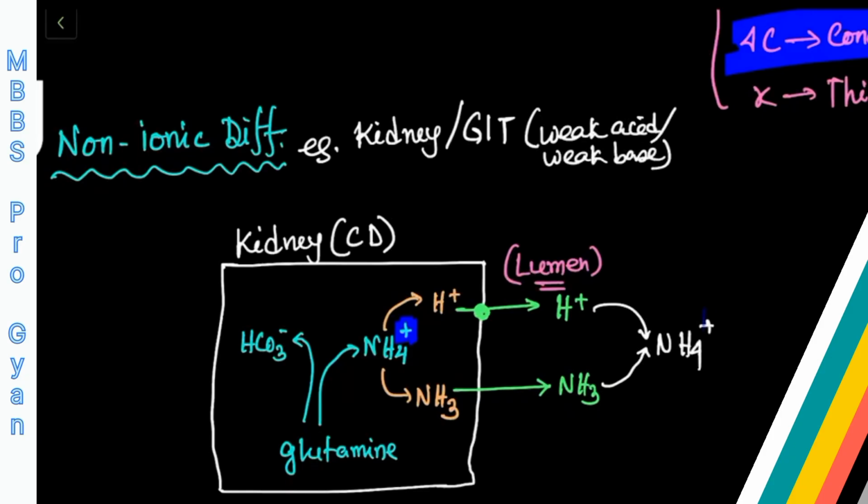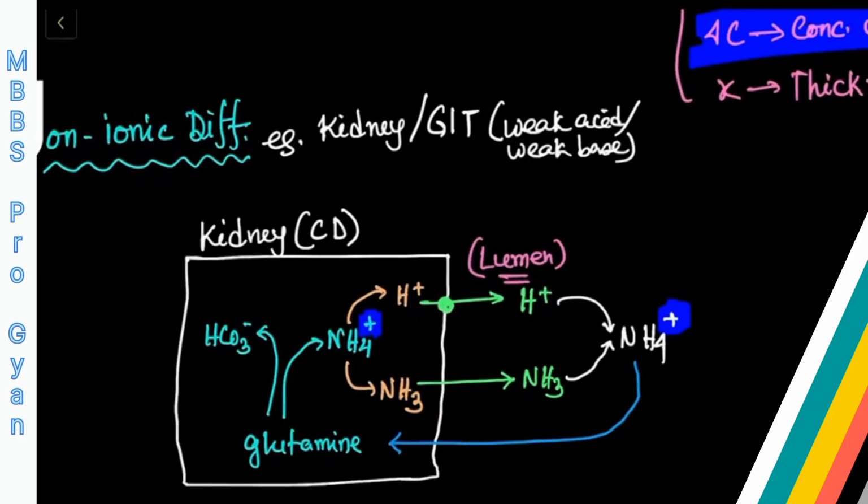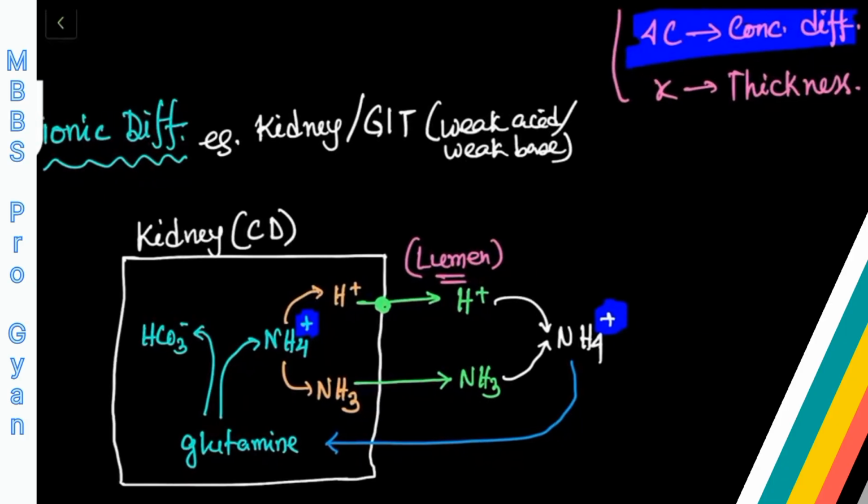Now whenever it becomes an ammonium ion, can this ammonium ion return back to the cell once again? The answer is no. I am asking, is back diffusion of this ammonium ion possible? The answer is no. So what is the fate of this ammonium ion?